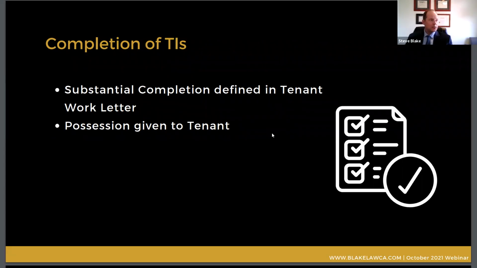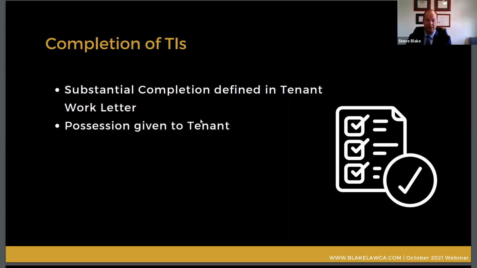So once the construction is done for the tenant improvements, the landlord's obligation has generally been completed. They've done what they were required to do to get the space in the condition that the tenant needs it in. So the tenant work letter that's attached to the lease that we talked about earlier will define what it means to be substantially complete and what happens at that point.